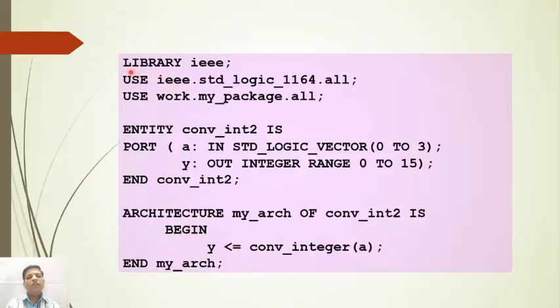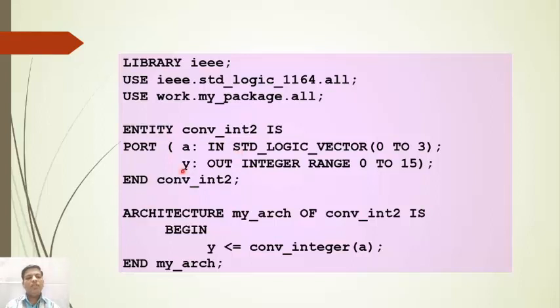Then the main program: library IEEE; use IEEE.std_logic_1164.all; use work.my_package.all; entity convert_int_to is port (A: in std_logic_vector(0 to 3); y: out integer range 0 to 15); end convert_int_to.